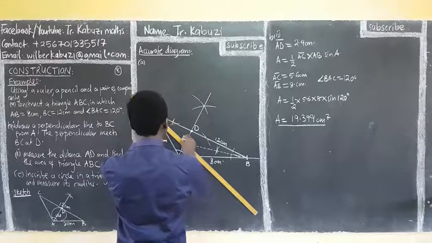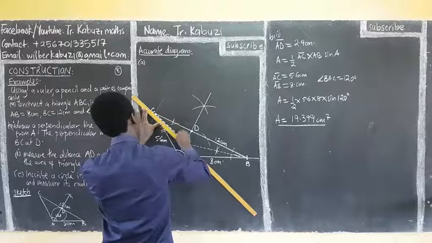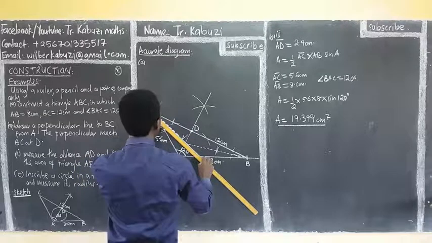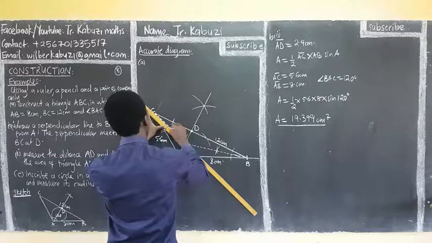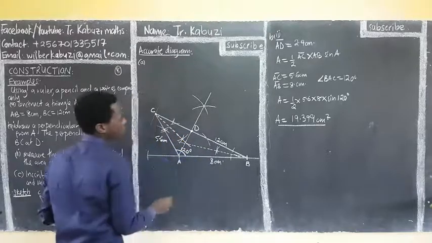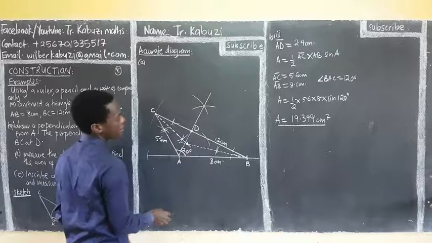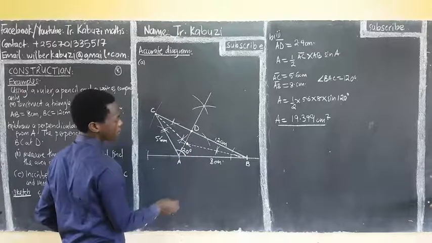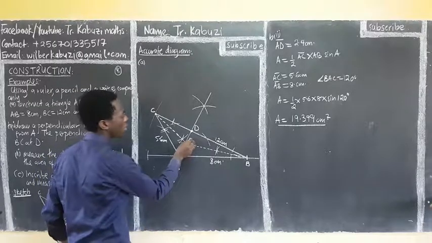Sorry, the ruler is moving. You have to be careful. Now they are meeting here, and that becomes my center O. Let me call it O.